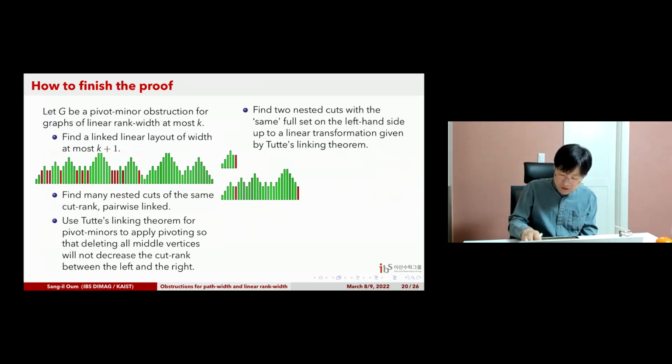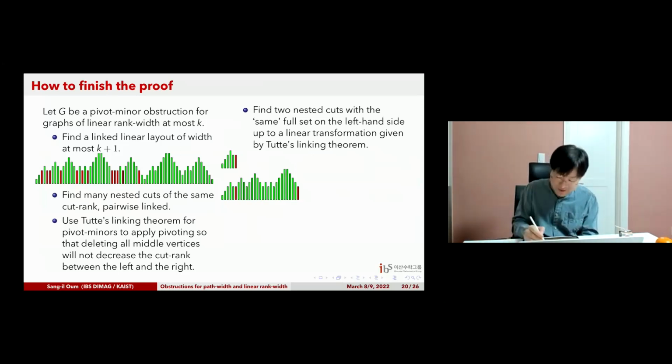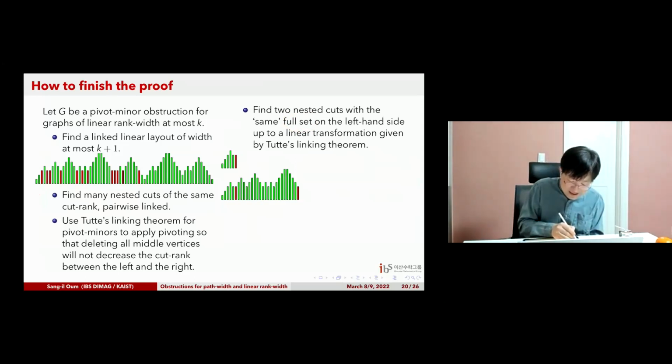Now we think of the dynamic programming algorithm. The dynamic programming algorithm of Jisu, Eunjung and myself had something called the full set. It scans this linear layout from left to right. At any moment, I compute the full set and then I add one more cut and update the full set, so it keeps going.